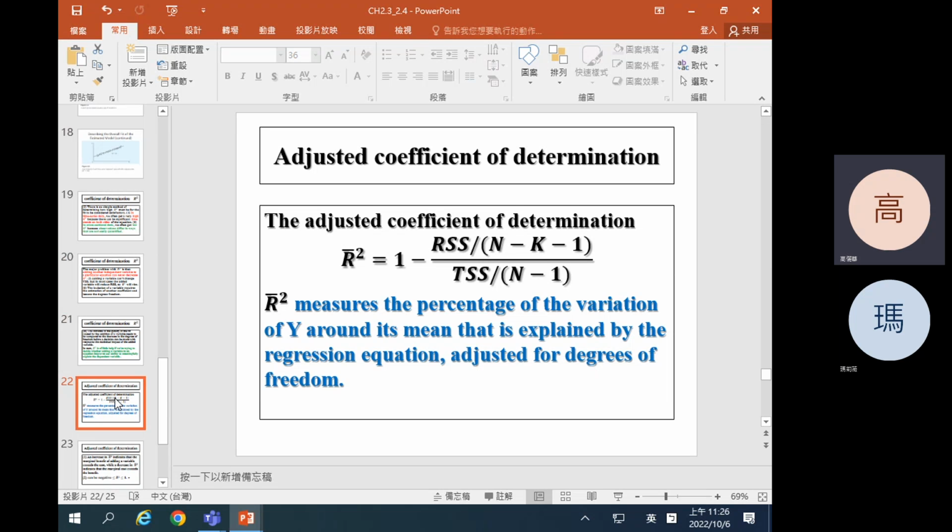How many observations do we have? For the grading examples, how many samples do we have? Okay, look at page 46 in the textbook. Our table 1.2 is the original data, right? How many observations do we have? 25, right? So n is 25.